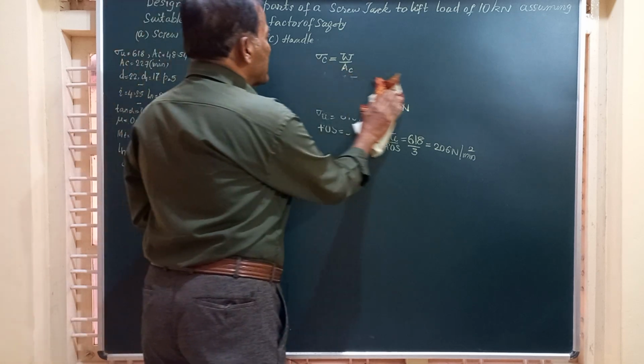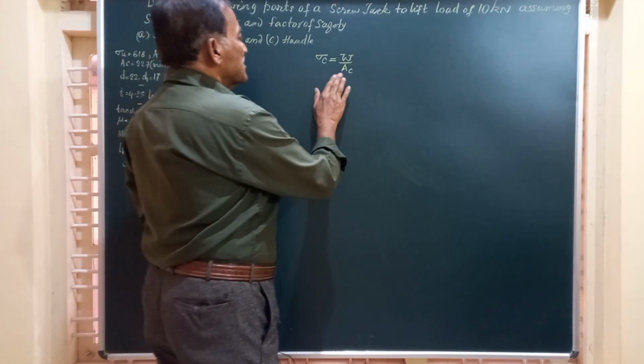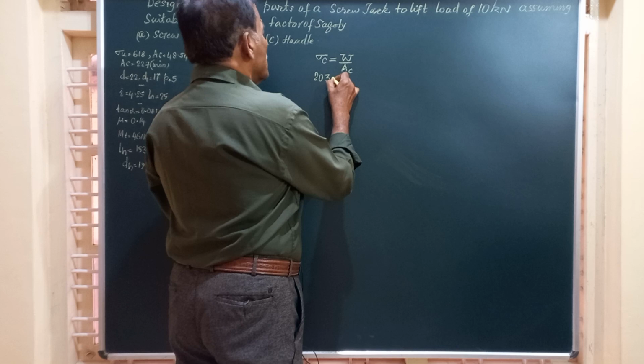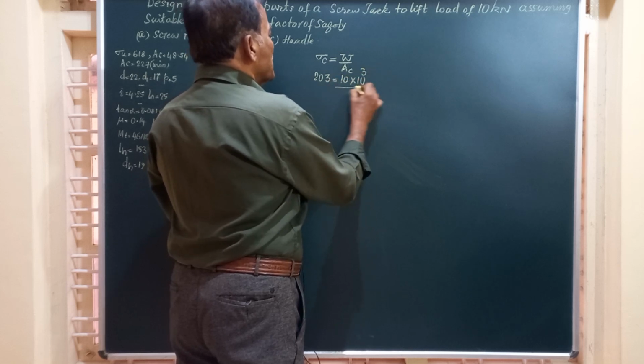So based on this value, we will get the core area. I will just move back and again write down the values. That is sigma c is 203, equal to W, which is 10 into 10 to the power of 3, divided by the core area.